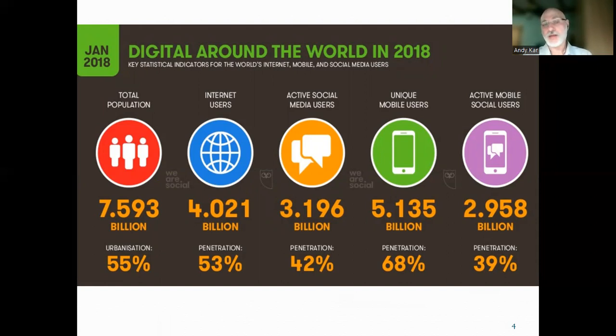Okay, we can see that the majority of the people were online, and many of them were using their mobile phones. So we can see that in 2018 there were specific trends in terms of the digitalization of our planet, which we're going to see in the following slides. So let's go on.